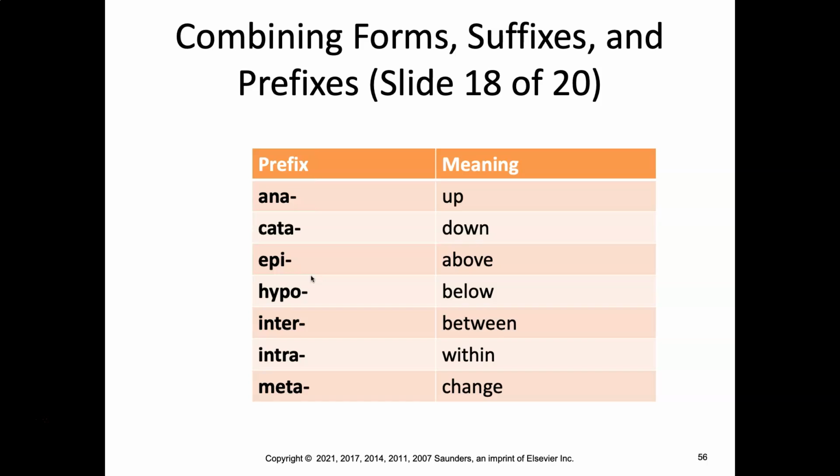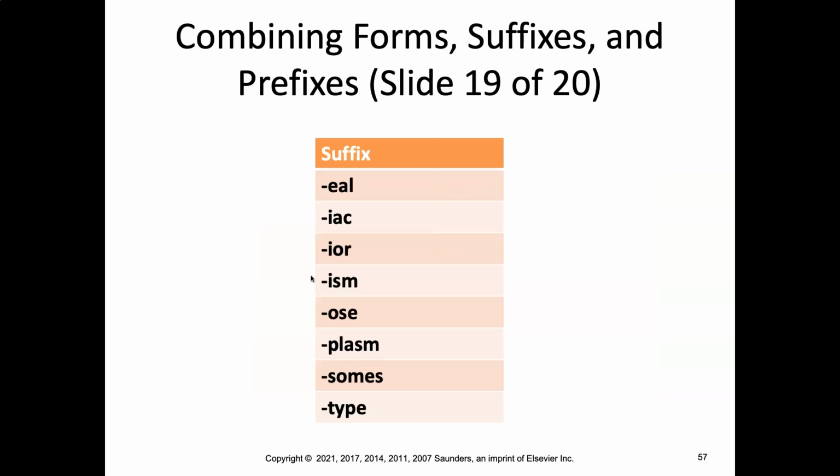Some prefixes that you need to be aware of this time around. Ana is up, kata, down. Epi, above, hypo, below. Inter, between, and intra, within. Watch out for inter and intra. Different spellings, but you've got to watch that pronunciation and spelling because the meaning is different. Meta, change.